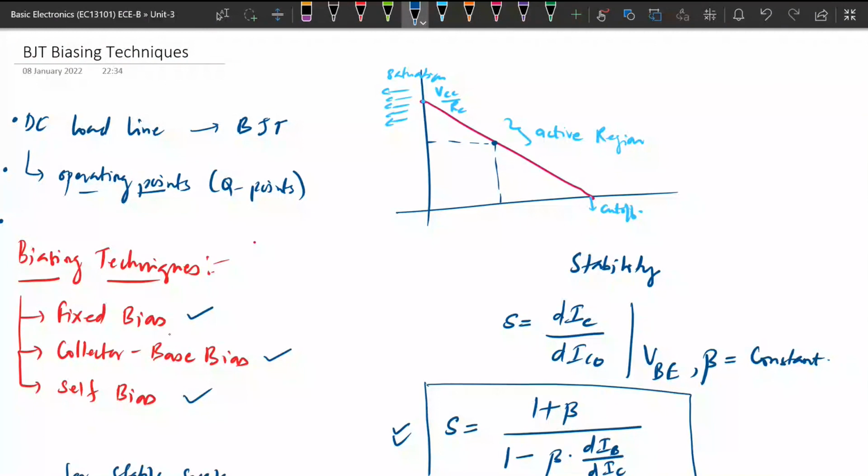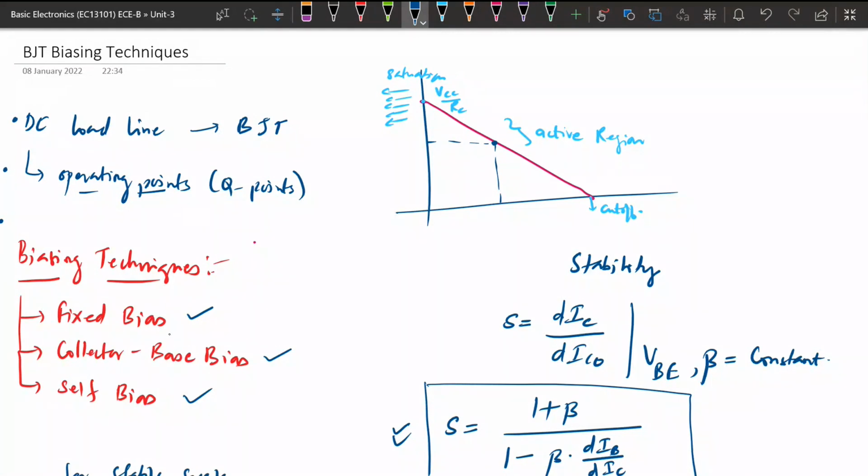Biasing is important for BJT circuits, and it can be provided by different techniques. A few of the techniques we have just seen. These are the three different techniques that decide the different operating points.